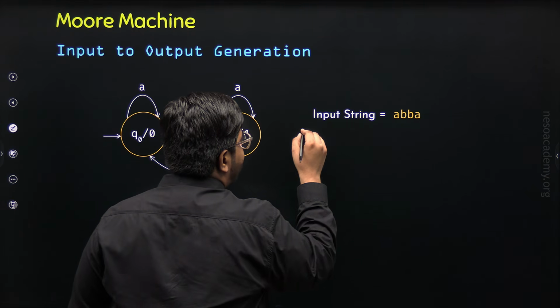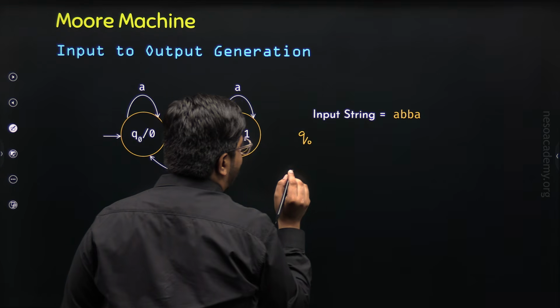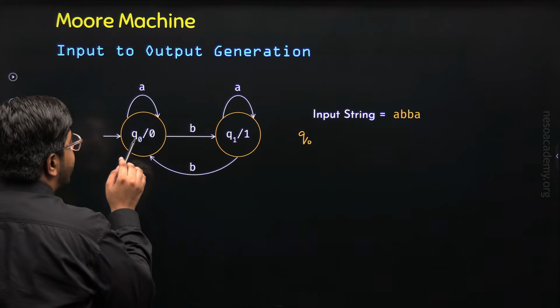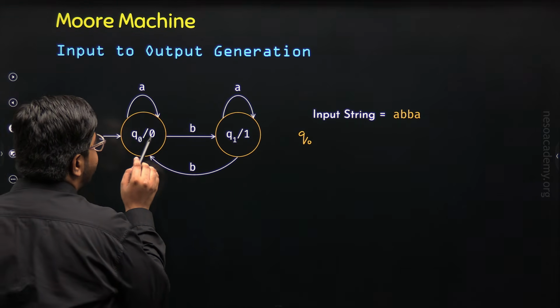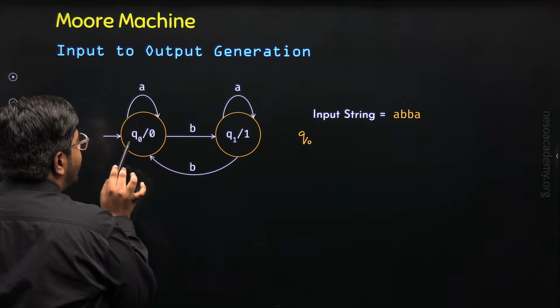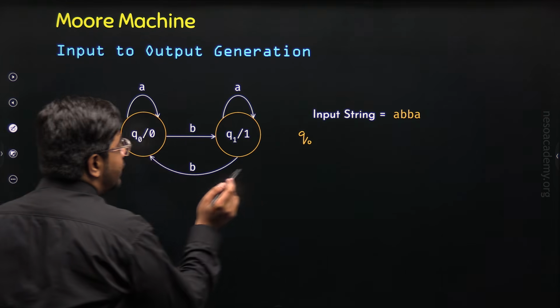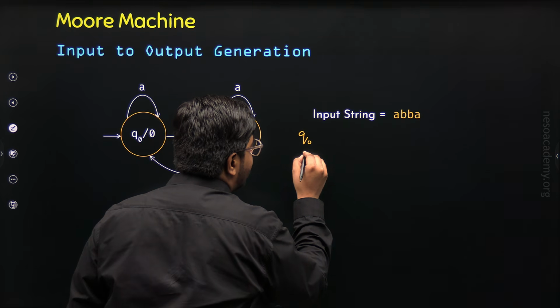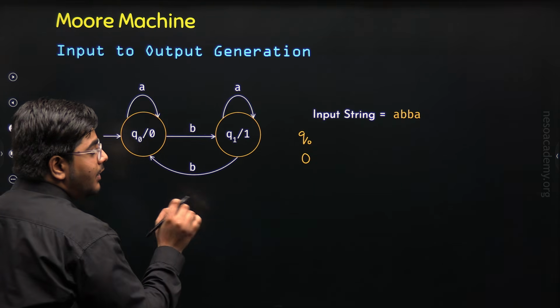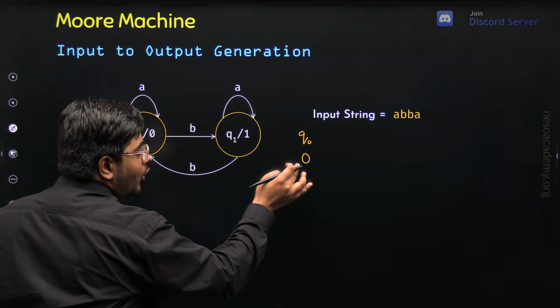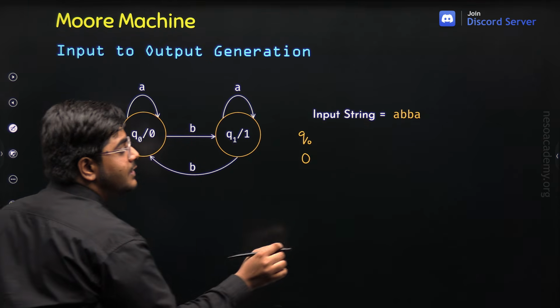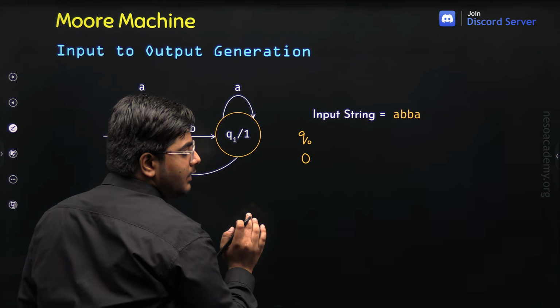We will start with the initial state, that is Q0. First of all, we write the initial state Q0. As you can see, the state Q0 is associated with the output 0. So here we will write 0. If you observe, we have written the first output symbol without even processing the first input symbol.